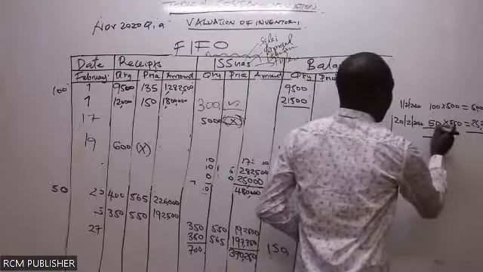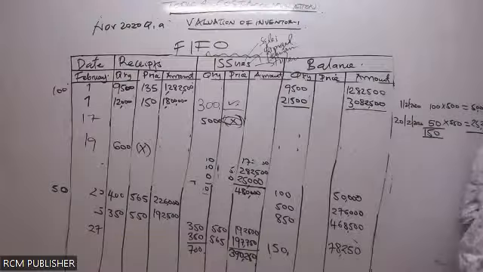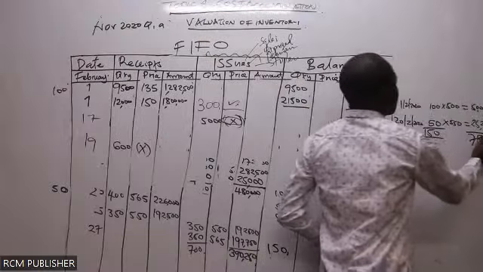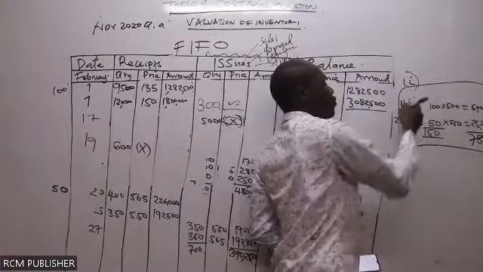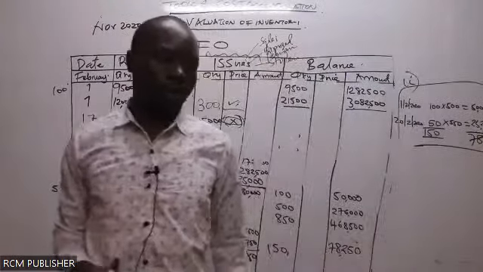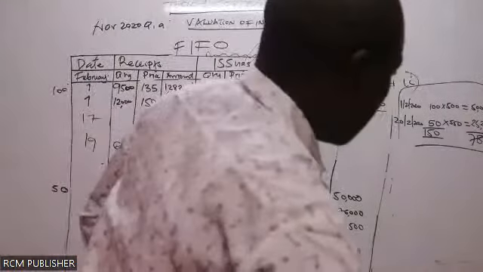Then we have a total of 150. Yes. Then you get 78,250. So this is what they want you to do in Roman 2 of that question. That is what you are required to do in Roman 2 of that question.